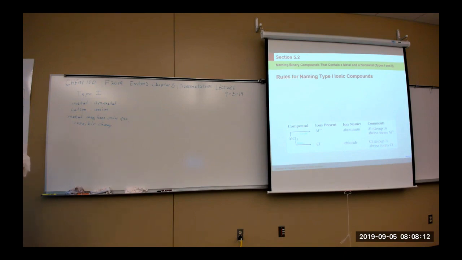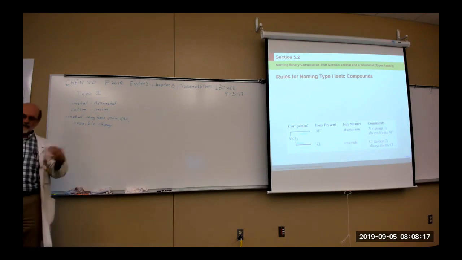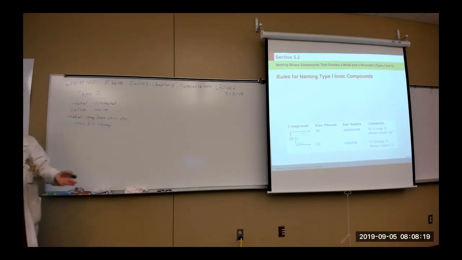You can't have multiple possible ions. In other words, under one circumstance, you have a positive 1 charge. In another circumstance, you maybe have a positive 2, positive 3. For the type 1 compound, the metal is fixed in its charge, right? And it's easy to find out where they come from. All these guys are always +1. Alkali metals are +1. So type 1 is always +1. They just have a single charge.